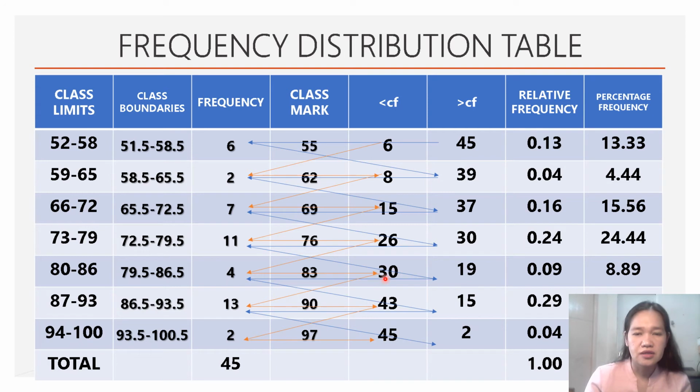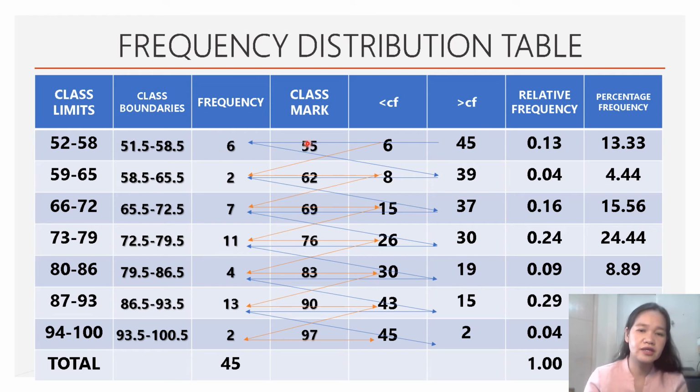So for less than cumulative frequency, we add. But conversely, with greater than cumulative frequency, we subtract from the highest value.